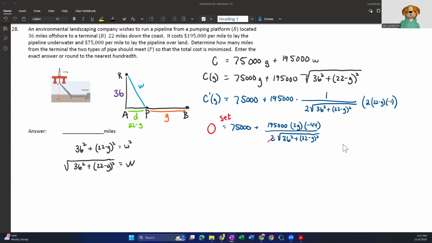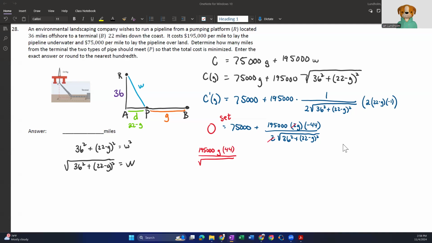We could probably cancel this 2 and this 2, and that would be okay. So let's go 195,000 times g times 44 on the top, and square root of 36 squared.